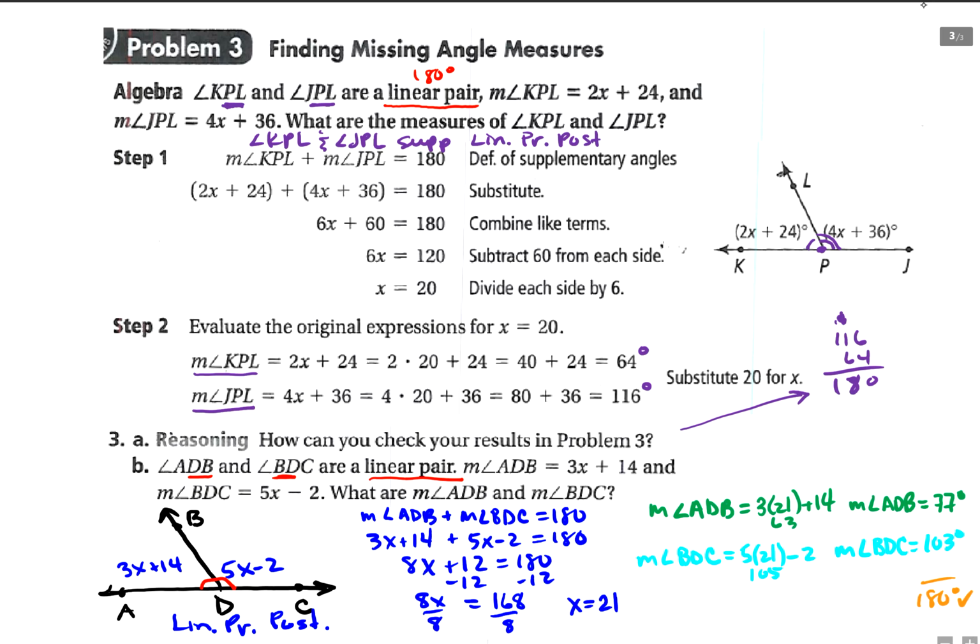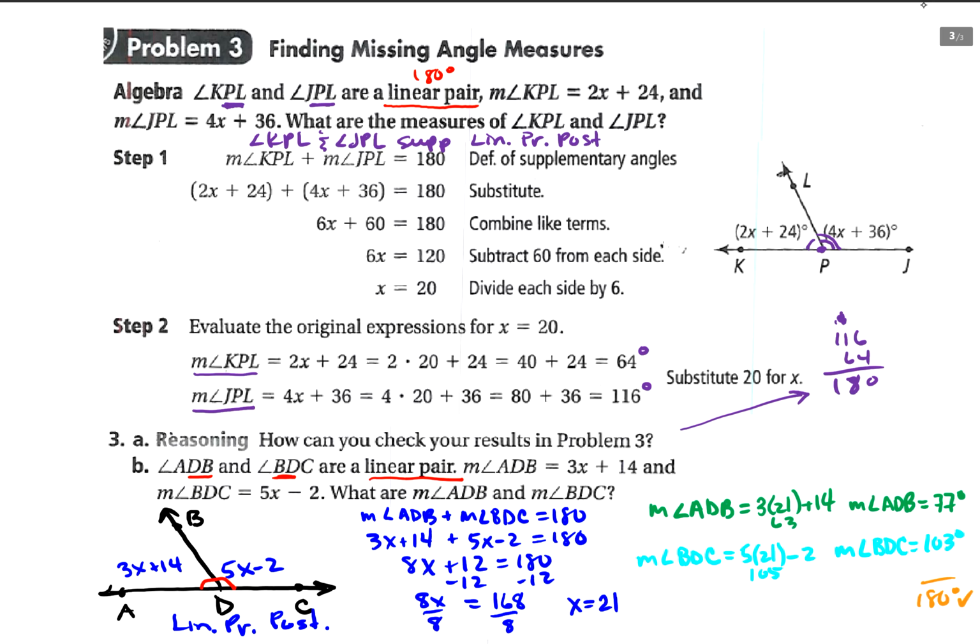And I know that through the linear pair postulate that they are supplementary, which means that I can say their angle measures sum to 180. I substitute in, I get x is 21, and then that's not what I'm asked.